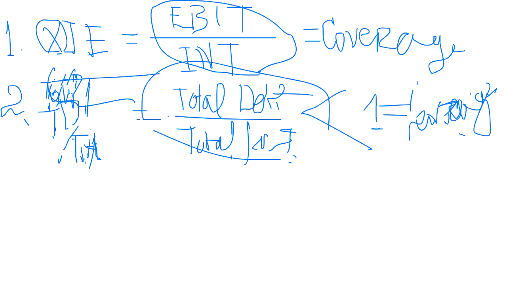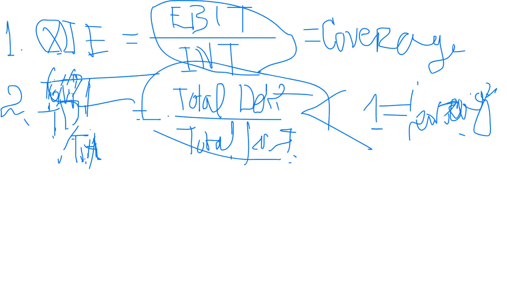And too much leverage will completely dissipate all your EBIT by using it for paying interest. So your EBIT will be all dissipated in paying interest, and you will have nothing left, even for EBT, right? That's another reason you have to look at the total debt to total assets ratio.